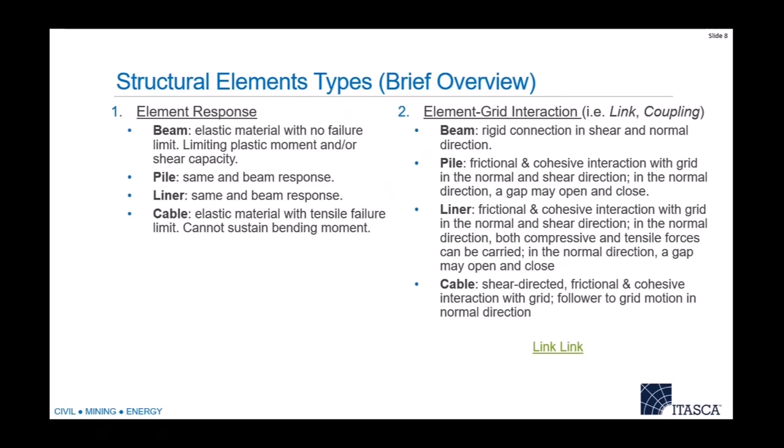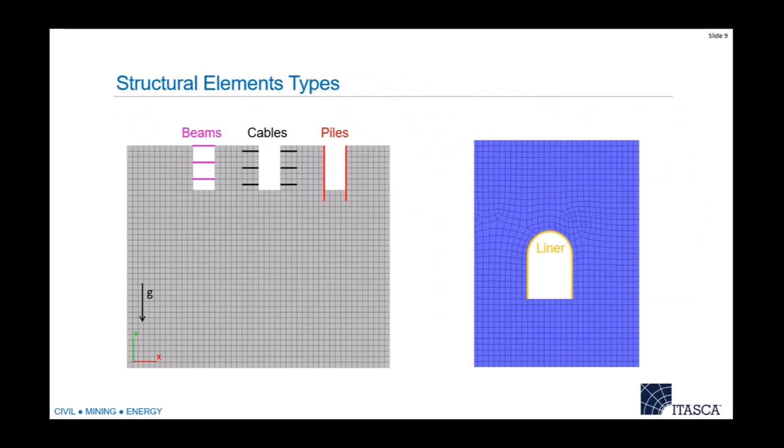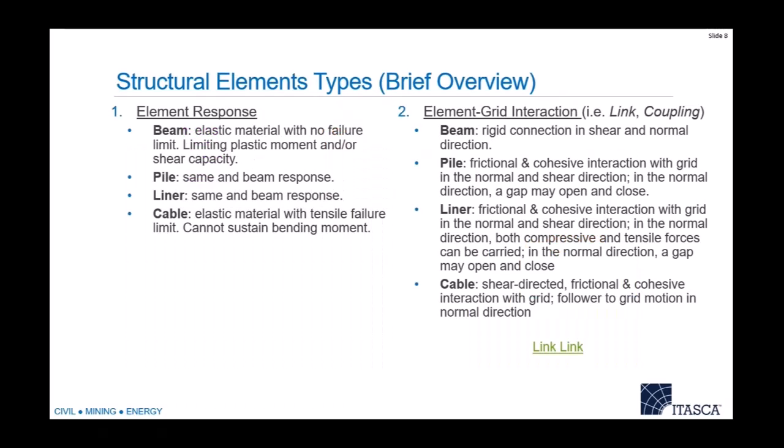Piles, on the other hand, now we're talking about the interaction with the grid in the normal and shear direction can have friction and cohesion, and stiffness. And we'll talk about kind of how you determine what those quantities might be. Stiffness between the element and the grid, the zones, isn't just something that you can look up in a handbook and find that value.